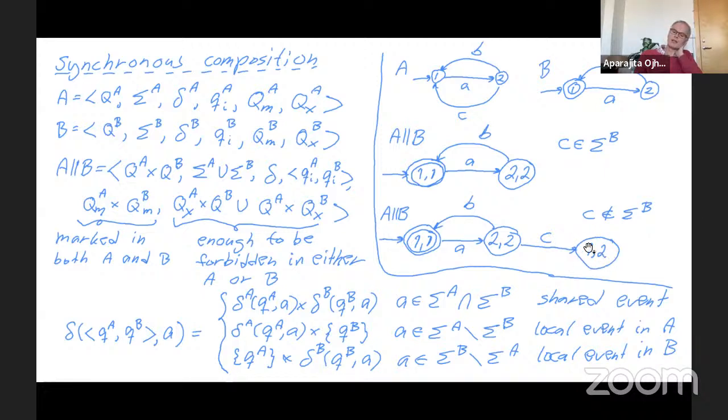So that means that it's a bad deadlock state. And in that sense, you could say that this is a very unsatisfactory situation. So we must avoid such states. And this could just be that we have missed some modeling aspects in our system. So one has to be careful with the alphabet of the set of events when you synchronize systems.